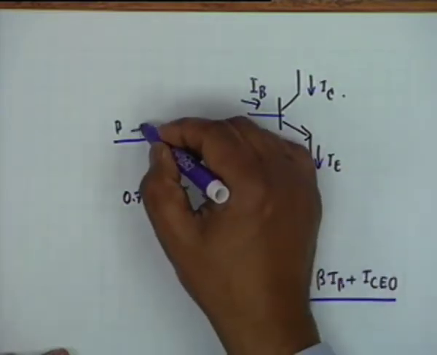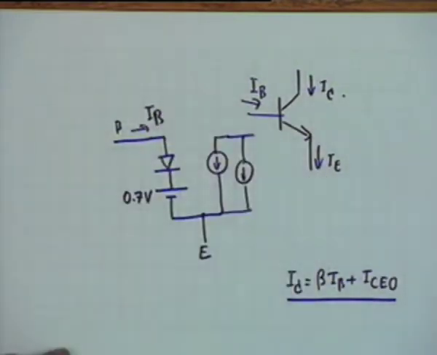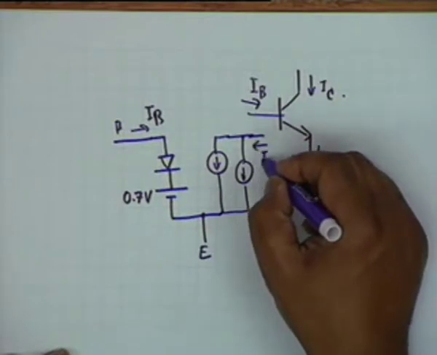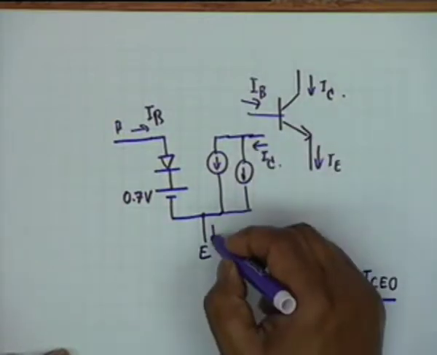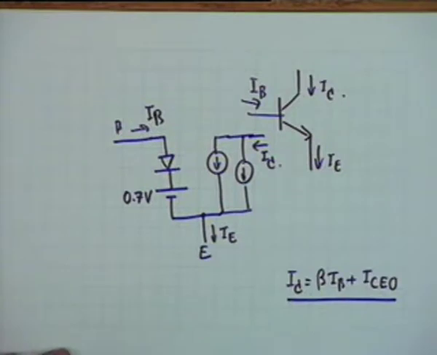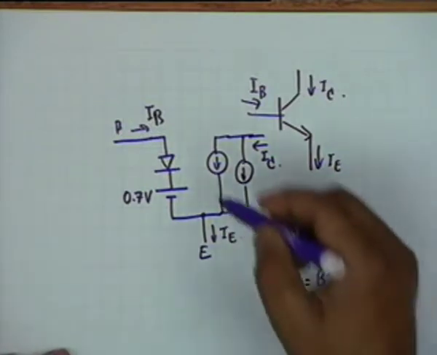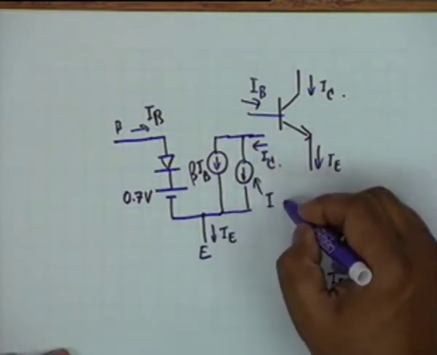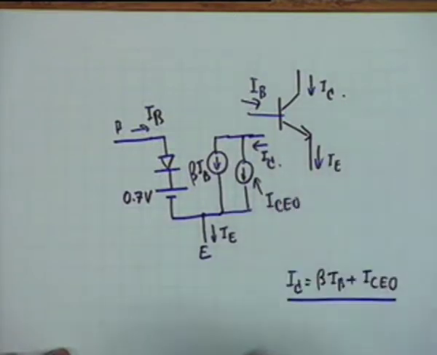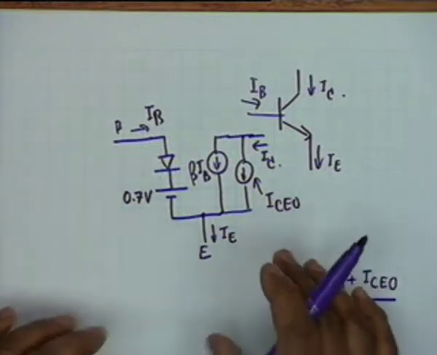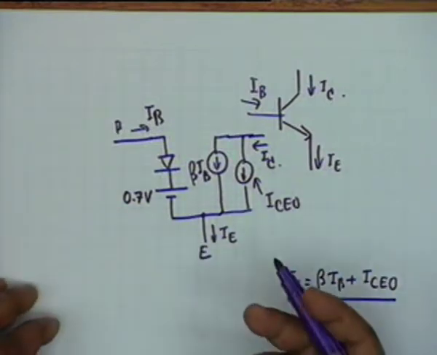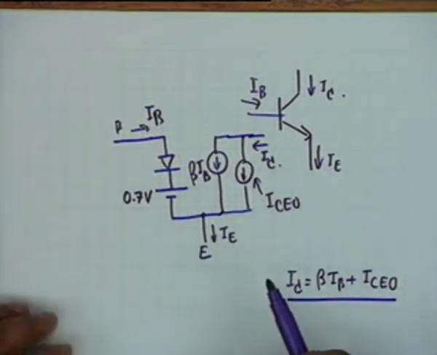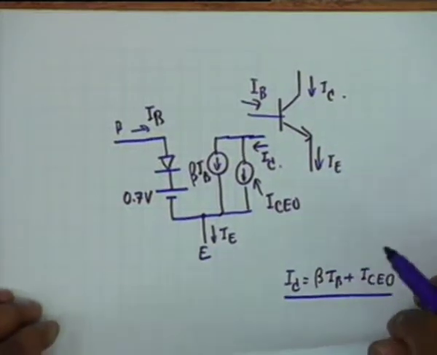One of them, this current is I_B, the input current, this current is I sub C, this current is I sub E, and the two current generators, one would be beta I_B and the other would be I_CEO. This is the simple DC model of the common emitter transistor, and in any circuit analysis, you can utilize this equivalent model. Then life becomes very simple.